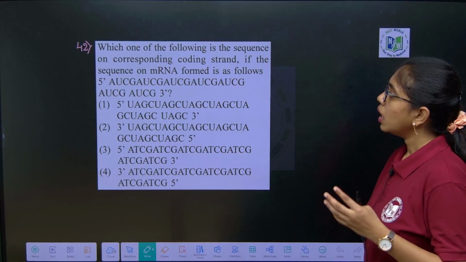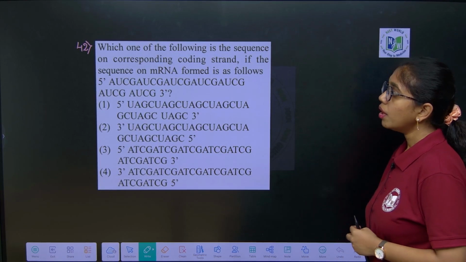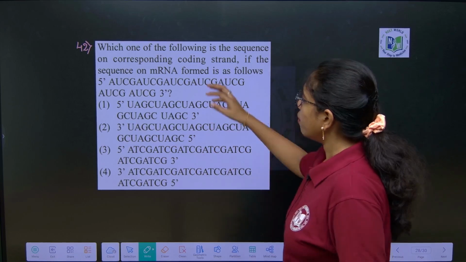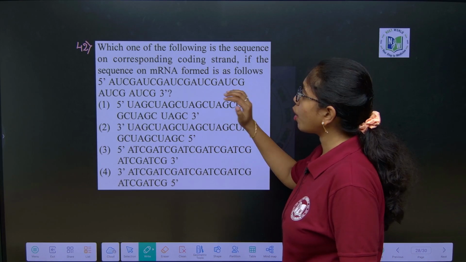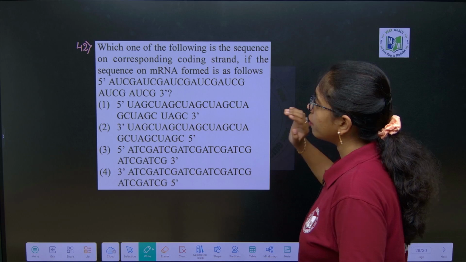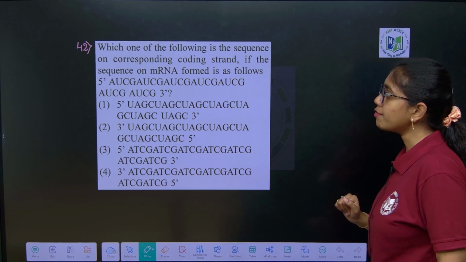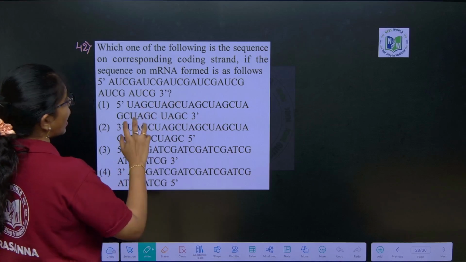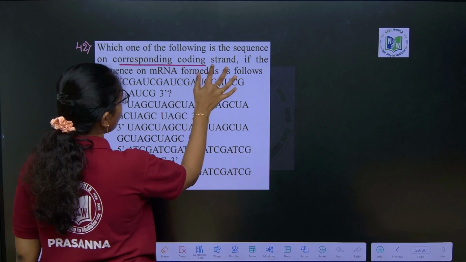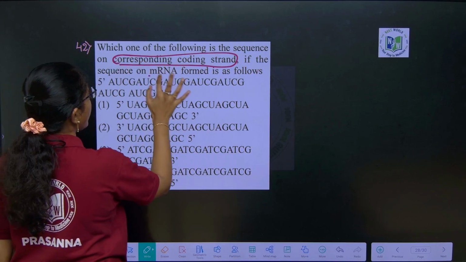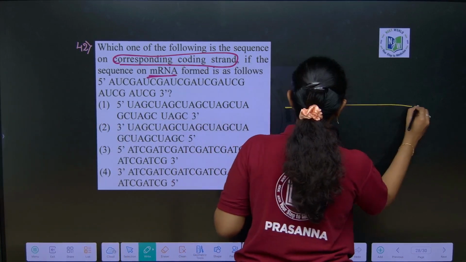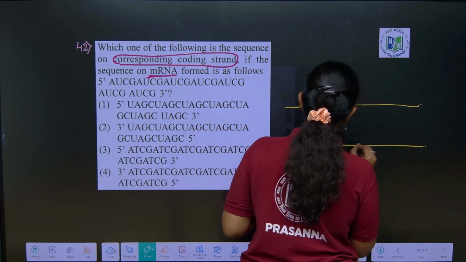Next, we have solved this in the Molecular Biology PYQ session also. Which one of the following is the sequence on the corresponding coding strand, if the sequence on mRNA formed is as follows? If you clearly see, they have asked you for the coding strand, giving you the mRNA strand. If you remember, the mRNA strand will be complementary to the template strand.